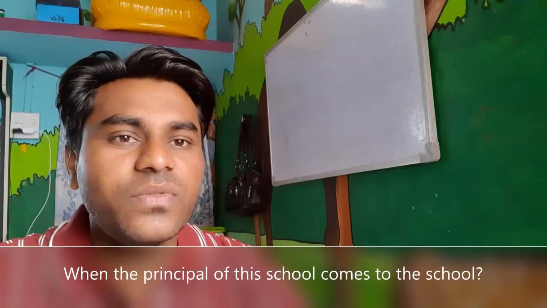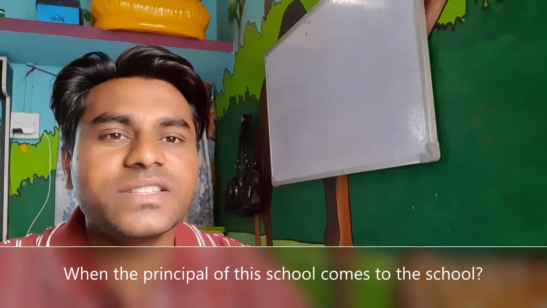When I go to the school and I don't know when my principal comes, I can ask the servant like this: "When does the principal of this school come to the school?"